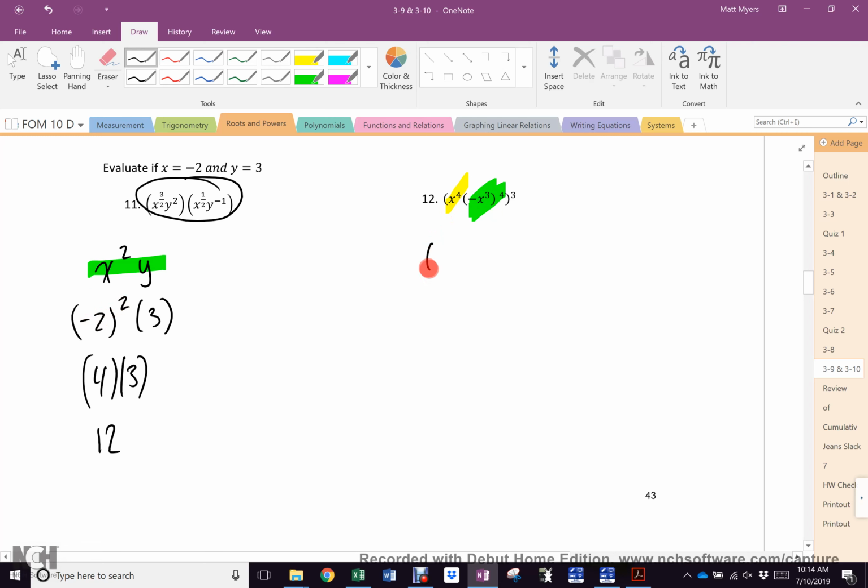So really, I've got x to the 4th, and what will this become? The negative will cancel, and it will become what? x to the 12th cubed, right? What's 4 and 12?